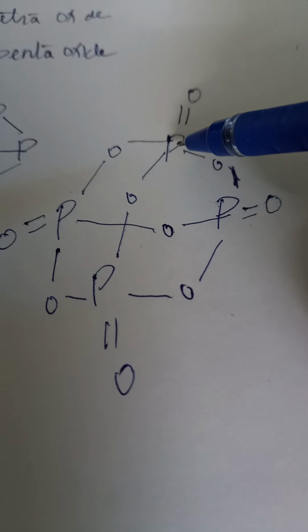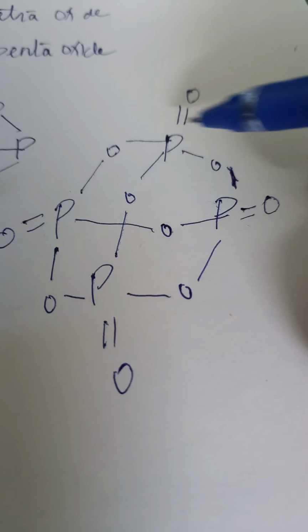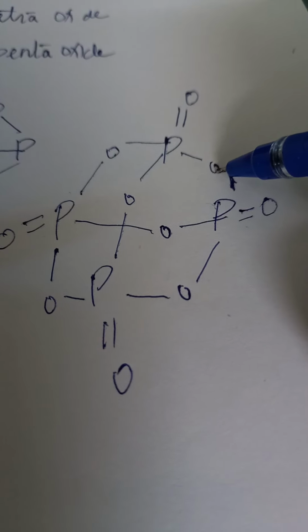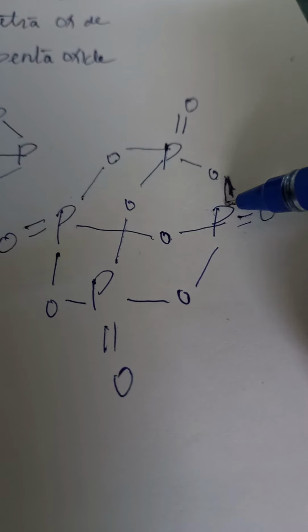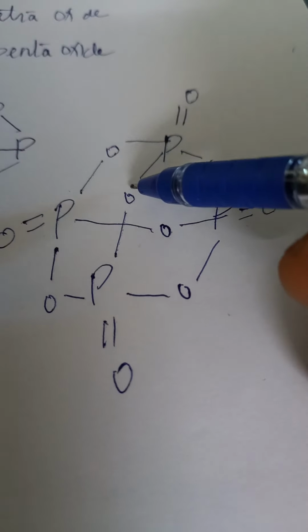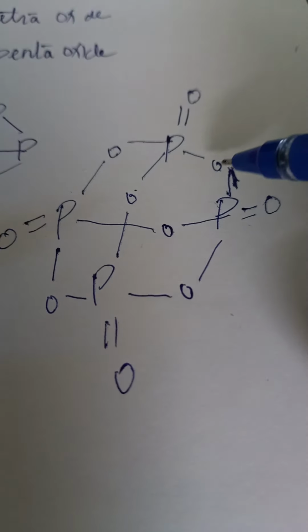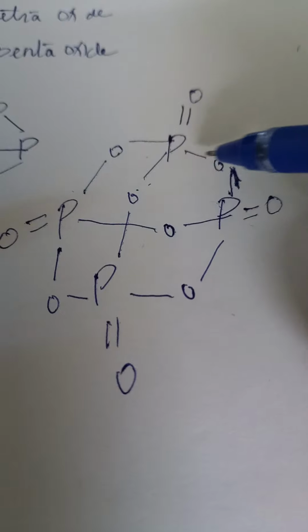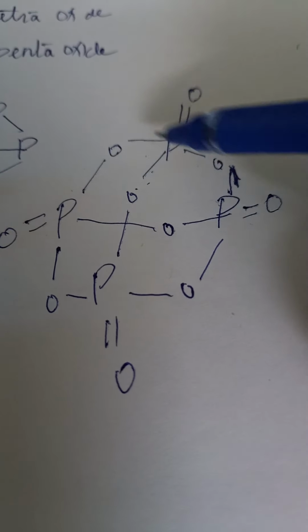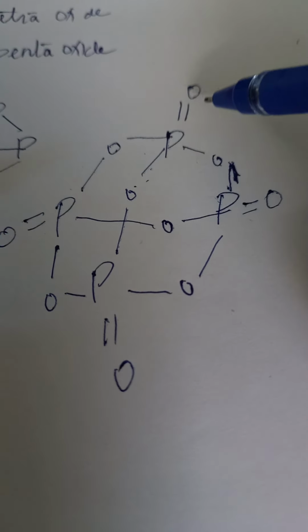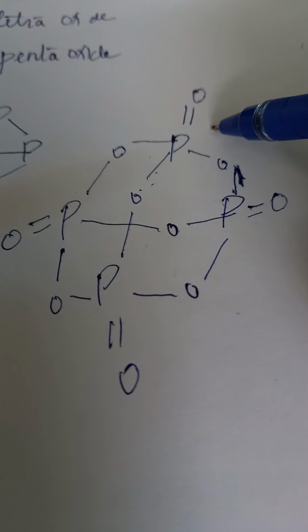If you are considering this phosphorus, 1, 2, 3, 4. Among the 4, 3 are single bonds and 1 coordinate bond.